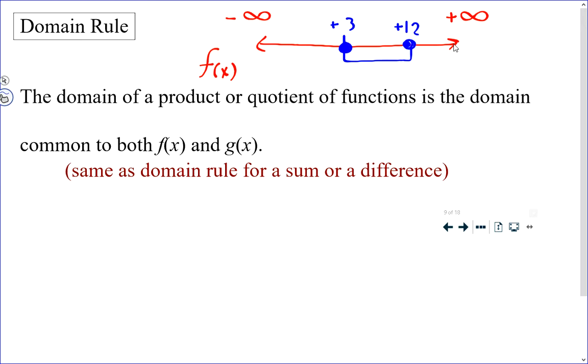And the only place they both exist is from 3 to 12, which would mean 3 to 12 would be the domain.